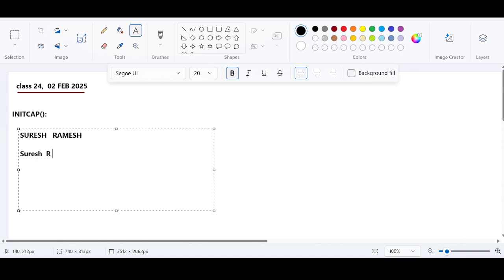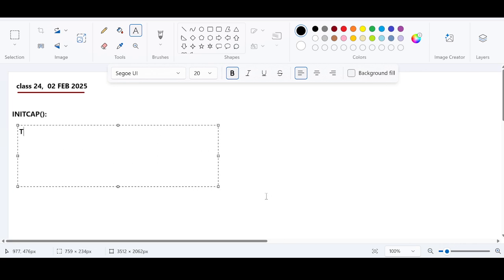The first character always gets converted to the uppercase letter, and the remaining characters to lowercase. So the init cap function makes the first character capital in the given string.